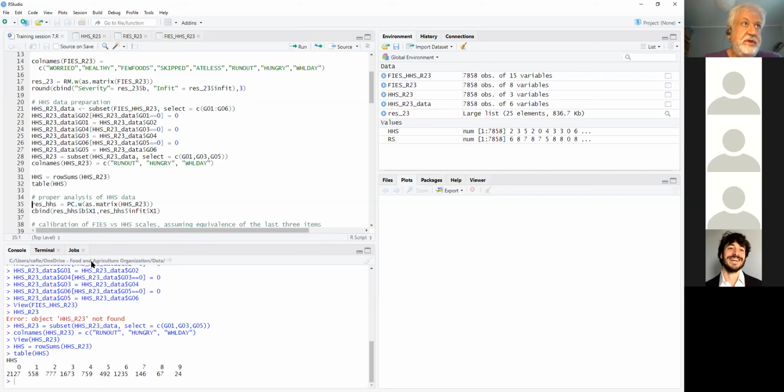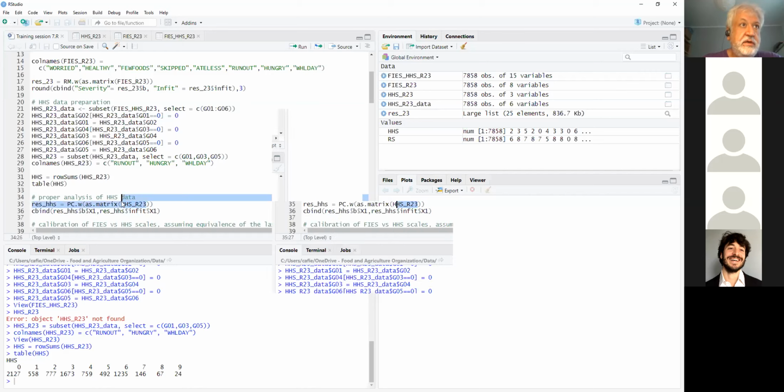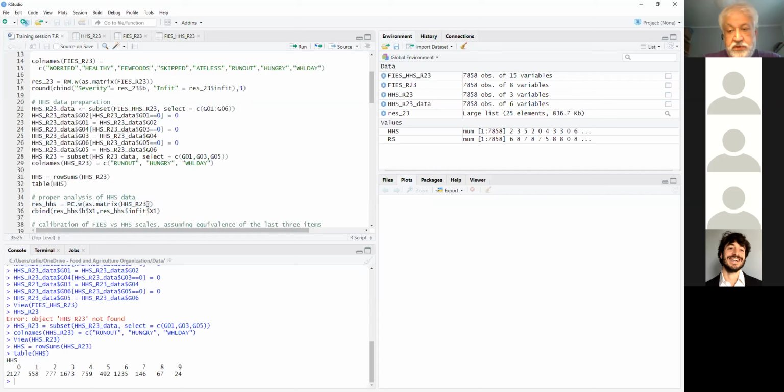So what I simply do is apply this command to the new matrix that I have created that contains 3 columns, each of which is codified from 0 to 3.